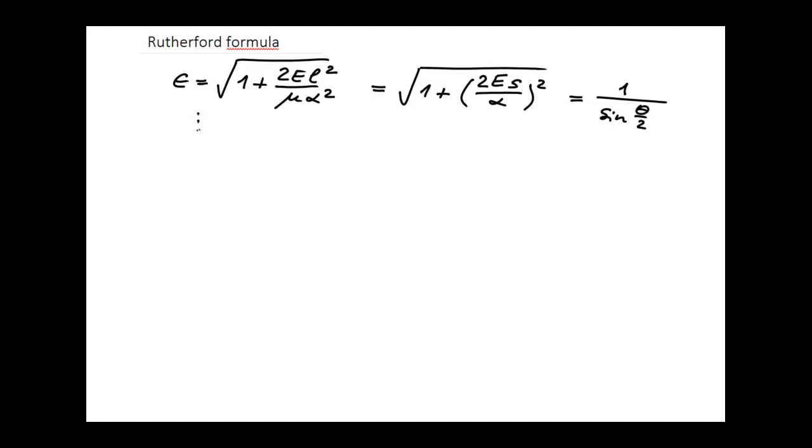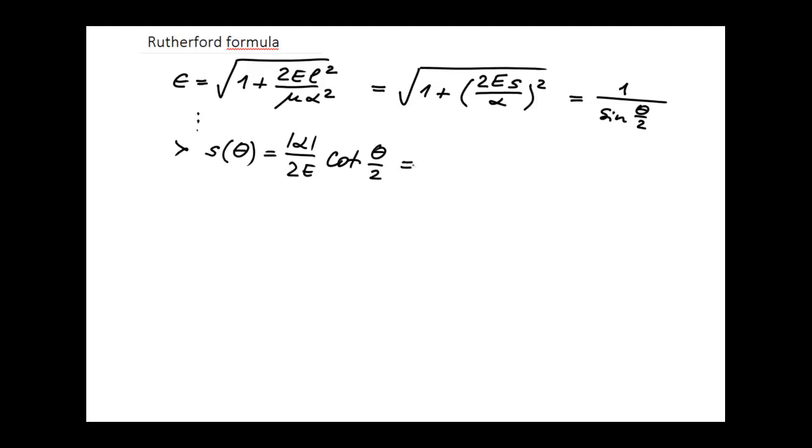Now I'm going to skip the details. It's just straightforward algebra and some trigonometric relation that you can easily look up. And you find impact parameter as a function of scattering angle, s as a function of theta, is equal to the absolute value of alpha divided by 2 times energy times the cotan of 1/2 the scattering angle.